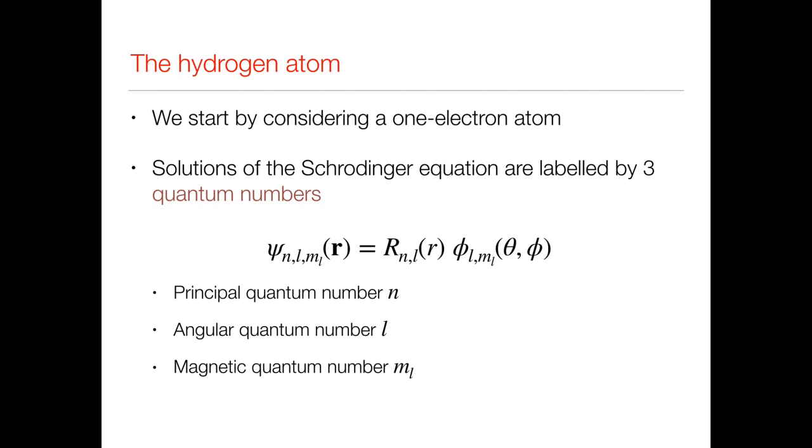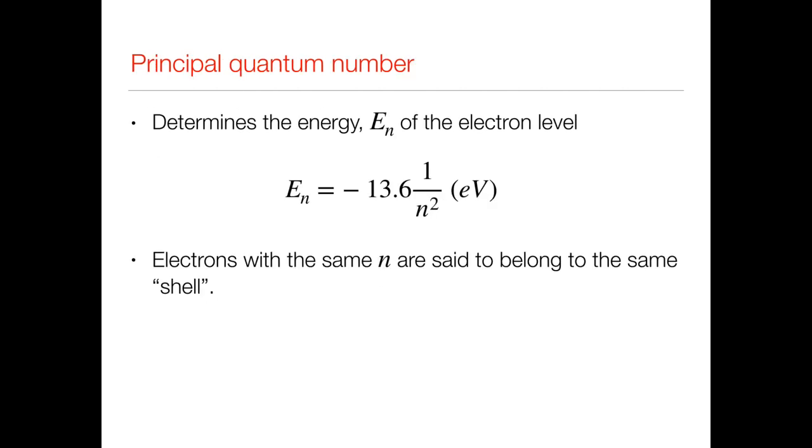Okay, let's review those. So the principal quantum number, this determines the energy of the electron level in the hydrogen atom. Okay, so if we know the n quantum number, we can work out what the energy level is. So for example, in the ground state, the lowest value n can have, that's n is 1, and the energy would be minus 13.6 eV.